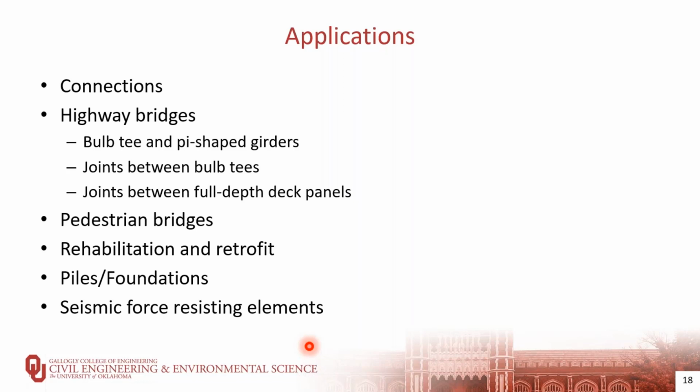There have been a number of pedestrian bridges that have been built with UHPC across the world. Rehabilitation and retrofit is a big potential application for UHPC where it's seen a lot more use recently. Piles and foundations and then seismic force resisting elements are all possible places where UHPC could be beneficial.